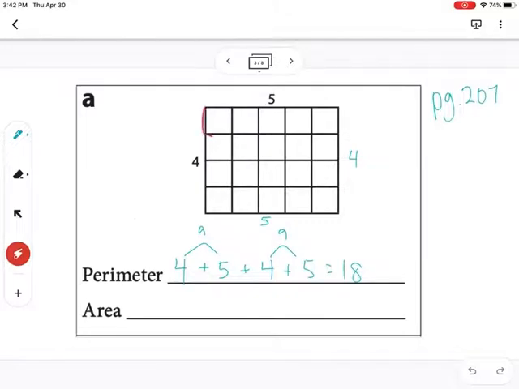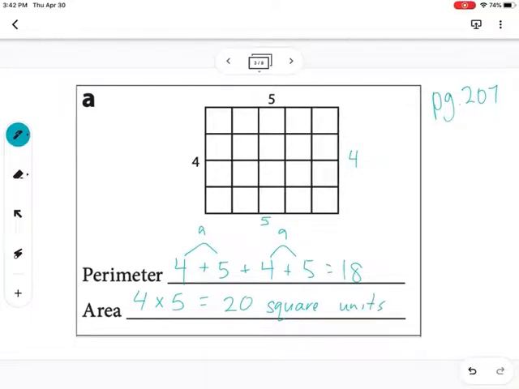There are 1 row of 5, 2 rows of 5, 3 rows of 5, 4 rows of 5 here. Or, you know, it's labeled. The height is 4 and the width is 5. That's another way to know that this is 4 rows of 5. Well, 4 rows of 5, that's 20. 5, 10, 15, 20. 20 square units.